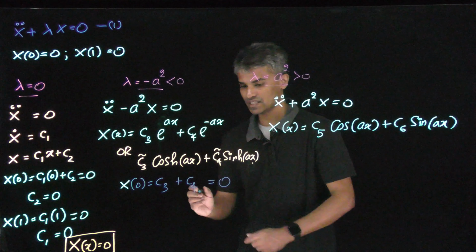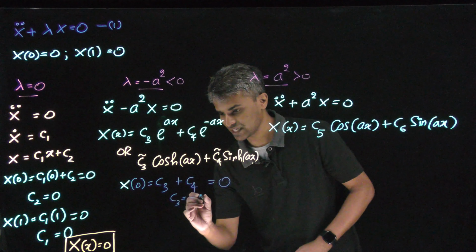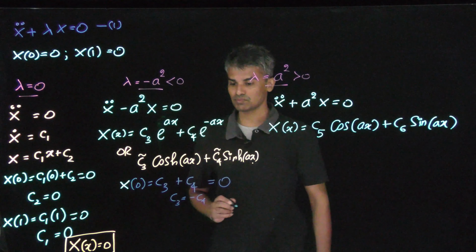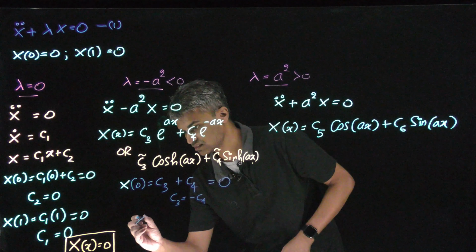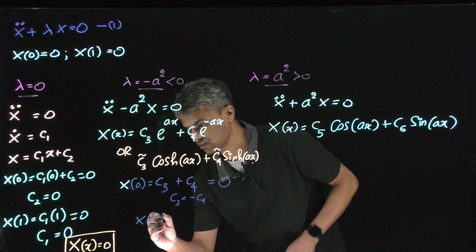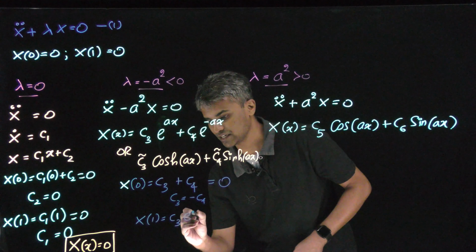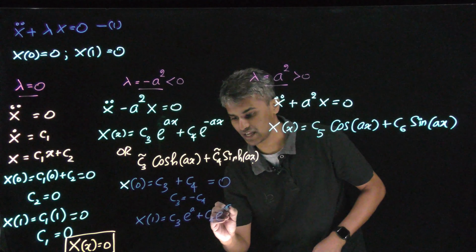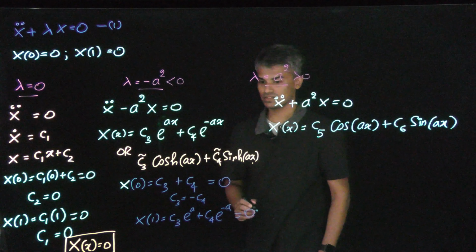This means c3 equals negative c4. Now let us apply the second boundary condition. When x equals 1, your big X function equals c3 times e to the a plus c4 times e to the negative a, and this equals 0 as well.